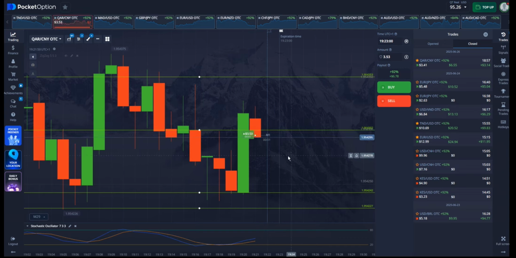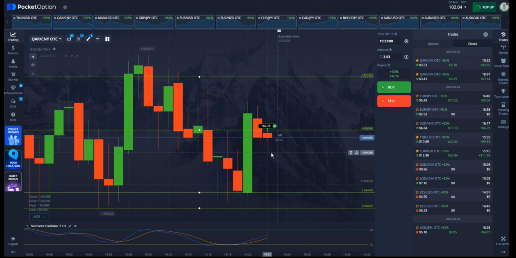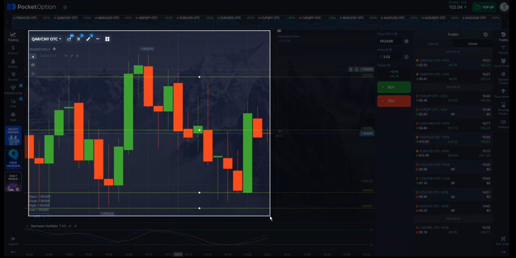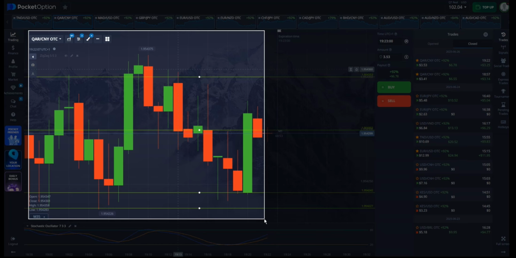Okay, that was a winning trade. A very, very close call, I must say. We almost lost it. We won the trade because of the gap up.